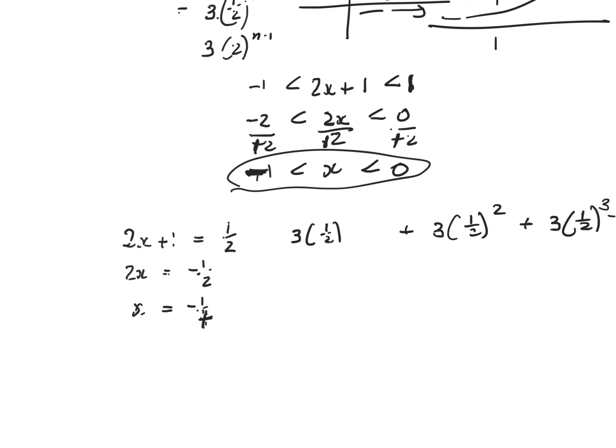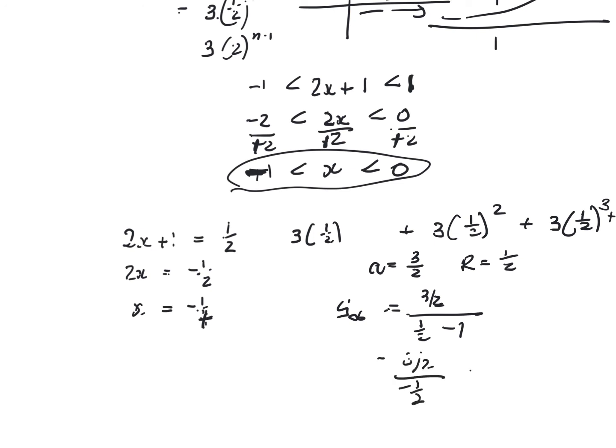And I will see there that my a value is 3 over 2 and my r value is a half. And my sum to infinity is therefore going to be a over 1 minus r, which is going to give me 3 over 2 over a half, which is going to give me positive 3.